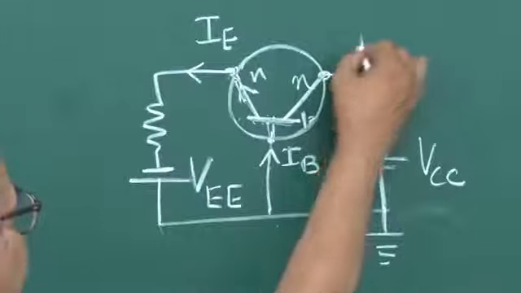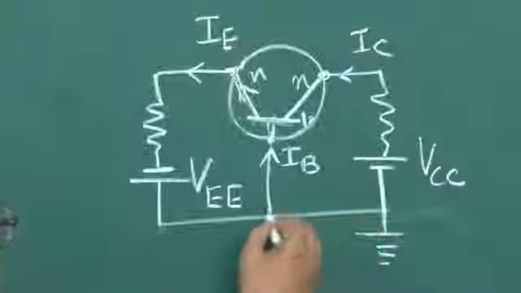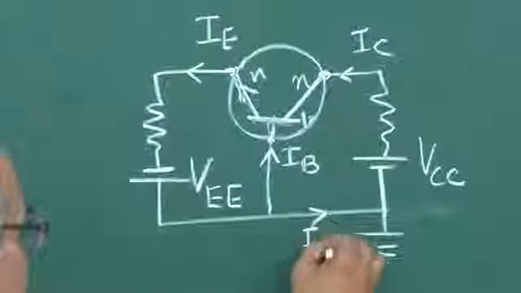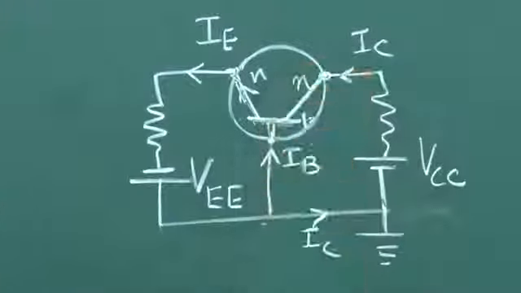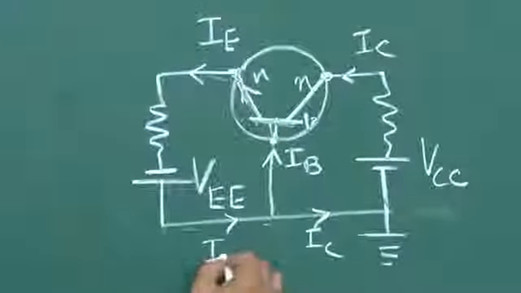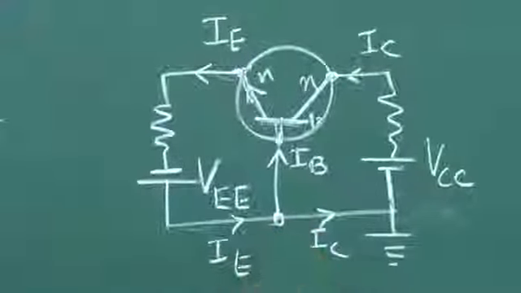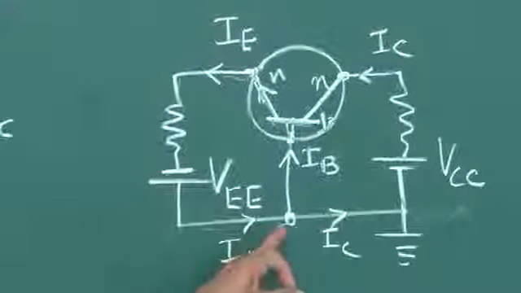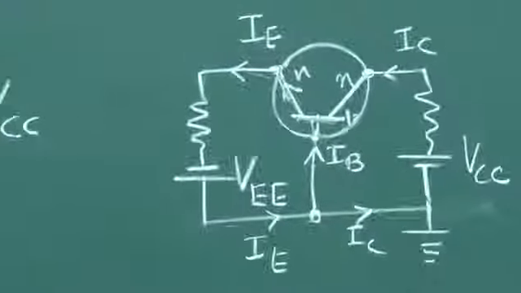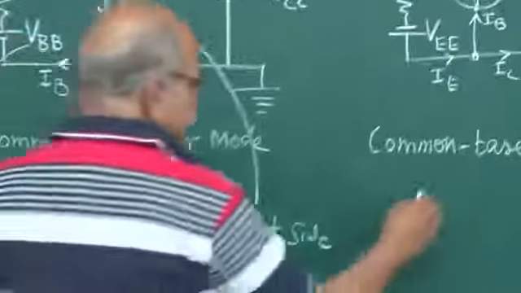So what you see, this IC current must have gone from here, because this is one series and this IE is one series, so this IE will go like this. So once again you can see that IE is equal to IC plus IB, so the same IE equal to IB plus IC is there.